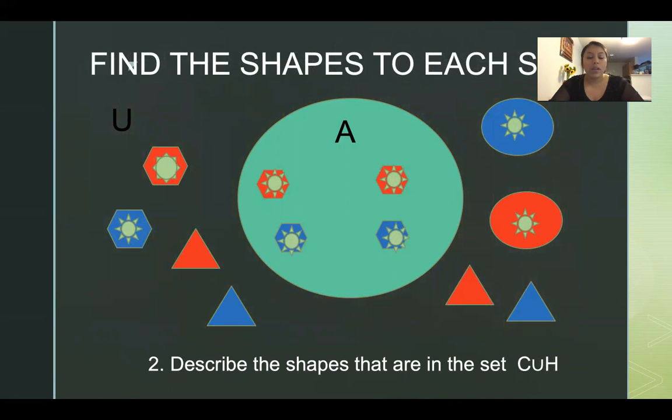In the next slide, we are continuing to find the given problems. We are to describe the shapes that are given in set C union H. And the answer is easy. Let's look back at our clues. C equals circular, H equals hexagonal, T equals triangle, S equals the set of small shapes, L equals large shapes, R equals red, and B equals blue.